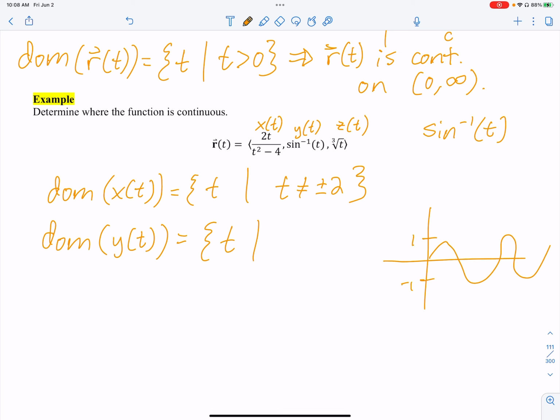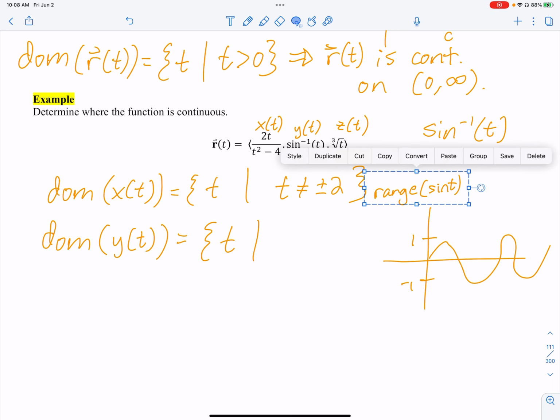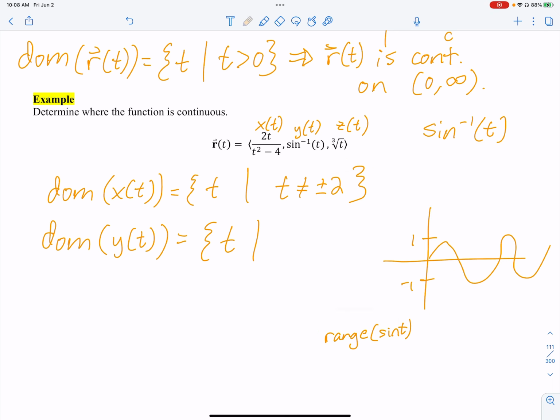So the range of sine equals the domain of sine inverse. It's the opposite. So if the range of sine is -1 to 1, the domain of inverse sine is -1 to 1. So I'm going to say, we should say what this is where t is, so I'll use that little fancy symbol again, -1 to 1.